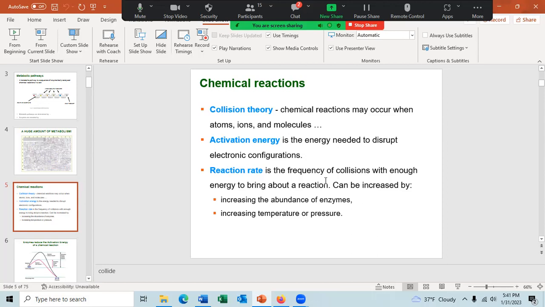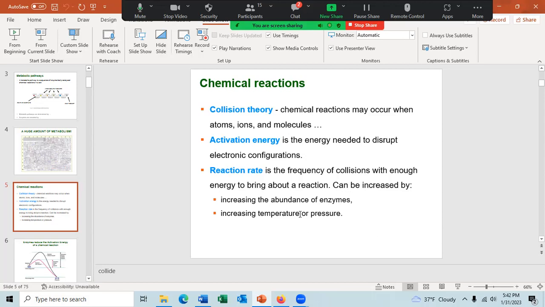You can also increase the abundance of enzymes. The more enzymes you have, the faster the enzymatic reaction will occur up to a point. We'll talk about what point it is. And then you can also increase the temperature.